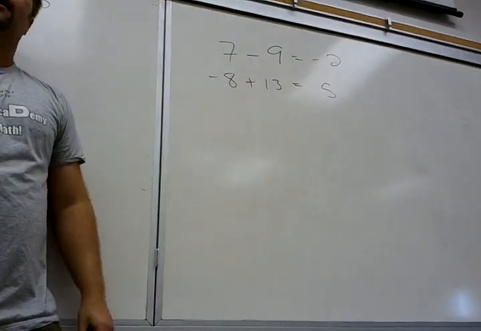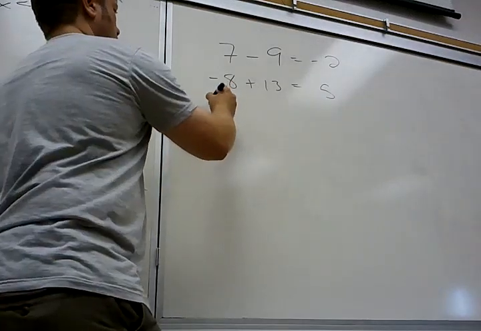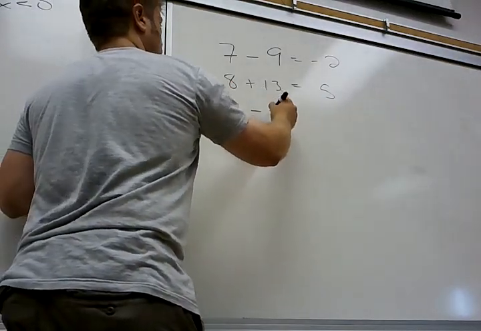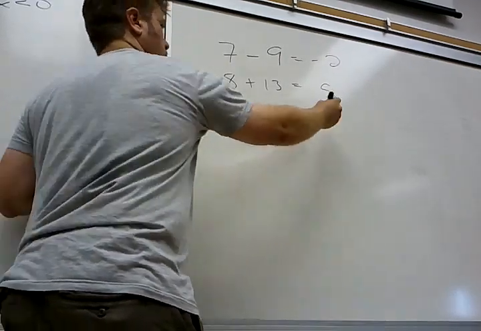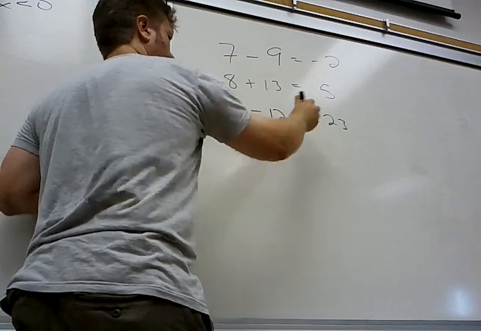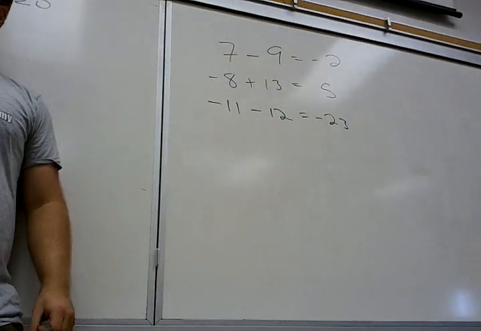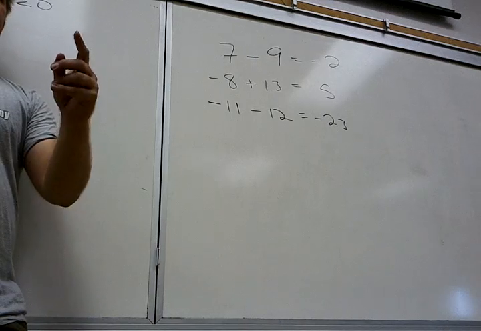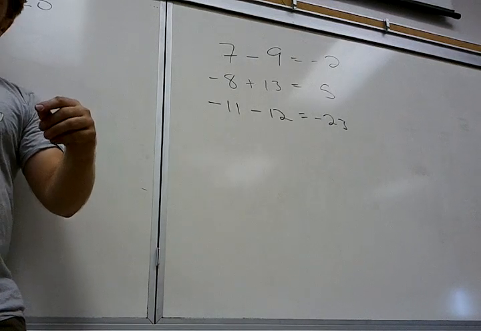If they're the same sign, you add them and put the sign back on. So if I had negative 11 minus 12, same sign. 11 and 12 is 23. Put the sign back on. Those are the most direct rules to remember. Different sign, subtract, sign of the bigger one. Same sign, add, put the sign back on.